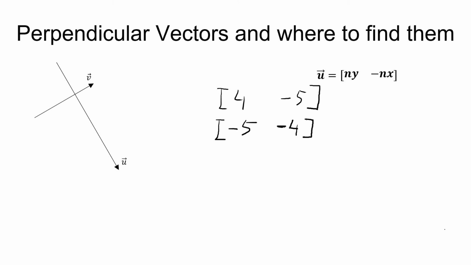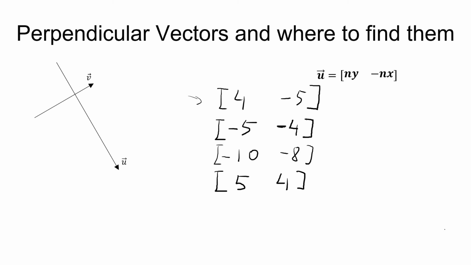And of course we can multiply these values, so every vector parallel to this perpendicular vector will also be a perpendicular vector. So for example, negative 10, negative 8, but also a vector like 5, 4 will be perpendicular to this original vector, and this is because we have used the value of n equal to minus 1.